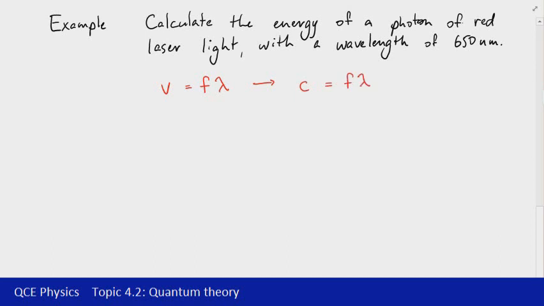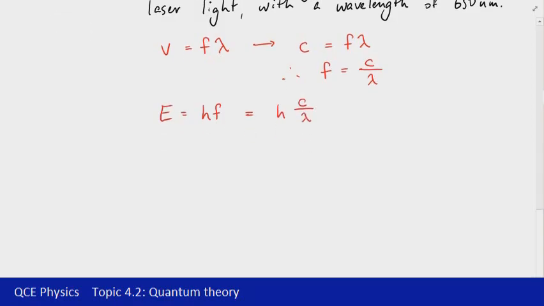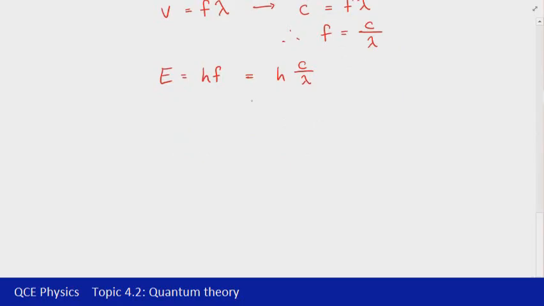From there we need to figure out the frequency, so we can identify that f is equal to c over λ. Now rather than calculating that value, I'm instead just going to substitute it straight into the equation E = hf. So instead of f, we're now going to write this expression for f being c on λ. So there's an alternative form of the equation to calculate the energy.